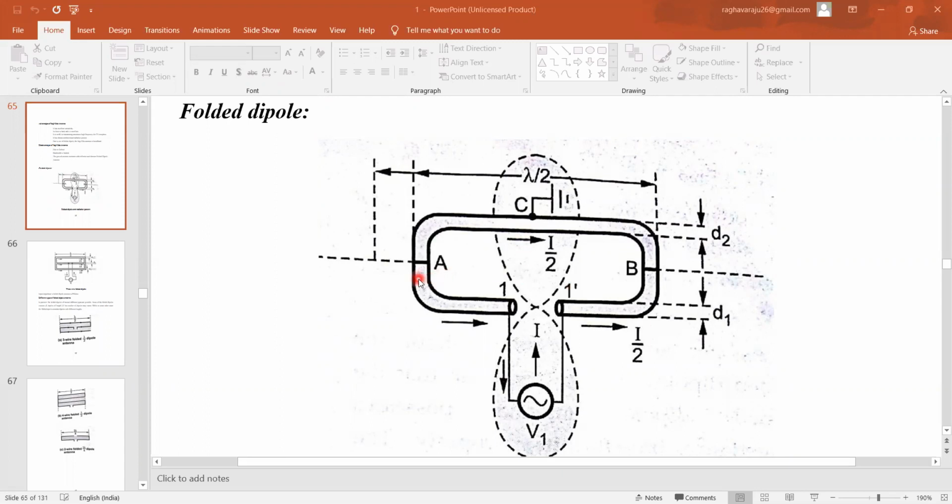So points A, B are two virtual points. These are the two points where the dimensions are shrunk to lambda by 2. As the phenomenon of this lambda by 2 is positioned along the main beam, this is the major radiation.